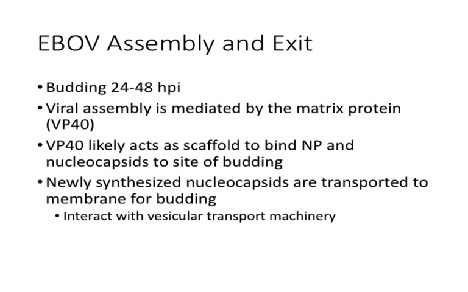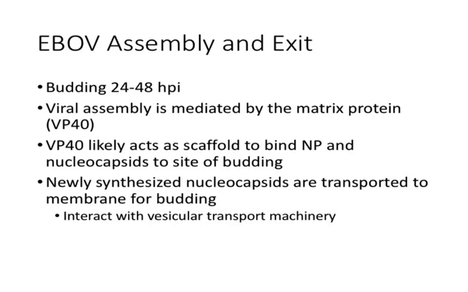All right. Last steps. 24 or 48 hours into infection, we get budding. So this is one of the first viruses that we've seen that don't exit by some sort of lysis mechanism. This is the virus here, we've talked about, enters through receptor-mediated endocytosis of some sort. The exit strategy is through budding.